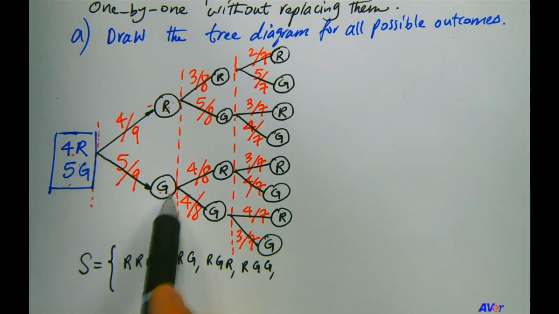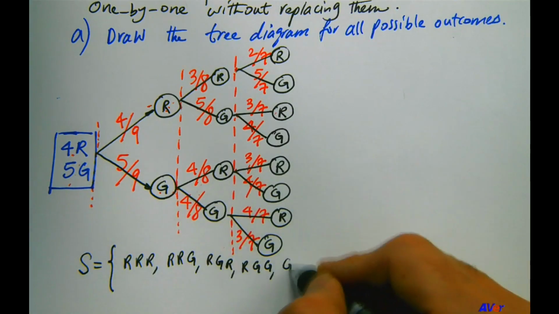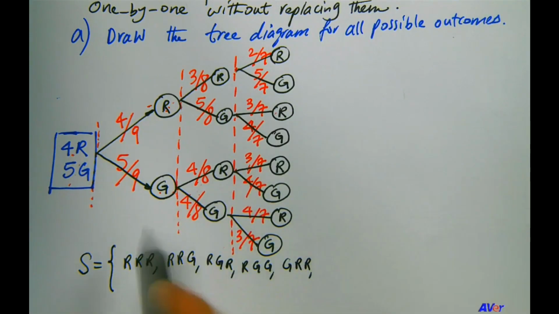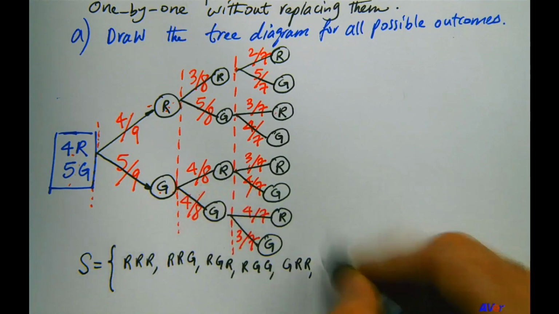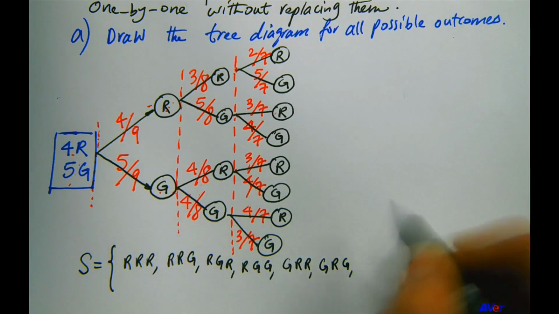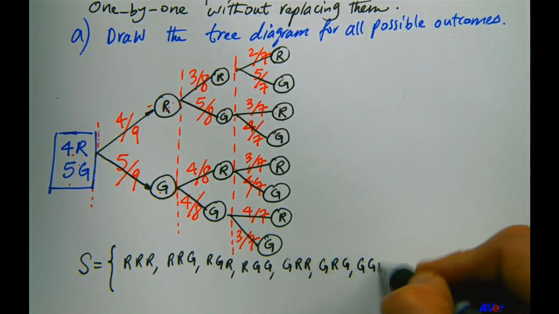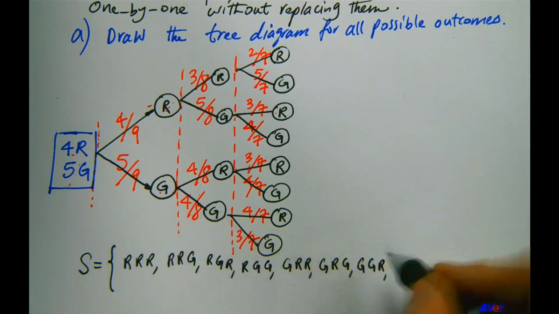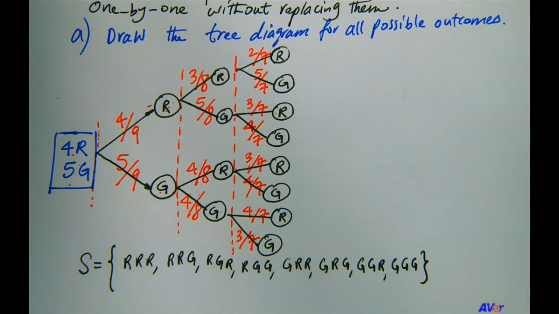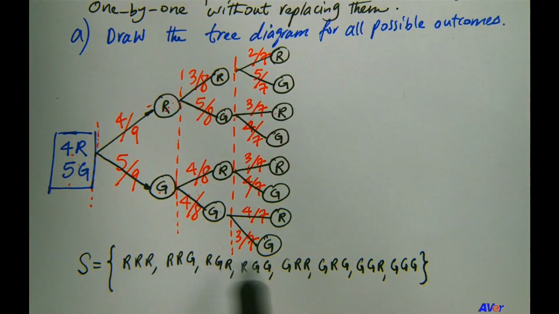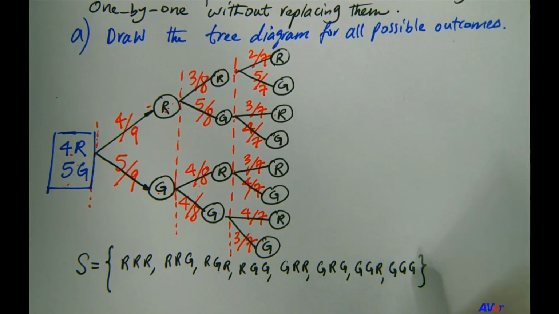So now green, red, red. Green, red, green. Then green, green, red. And green, green, green. Like that. Okay, so how many outcomes? 1, 2, 3, 4, 5, 6, 7, 8 outcomes.